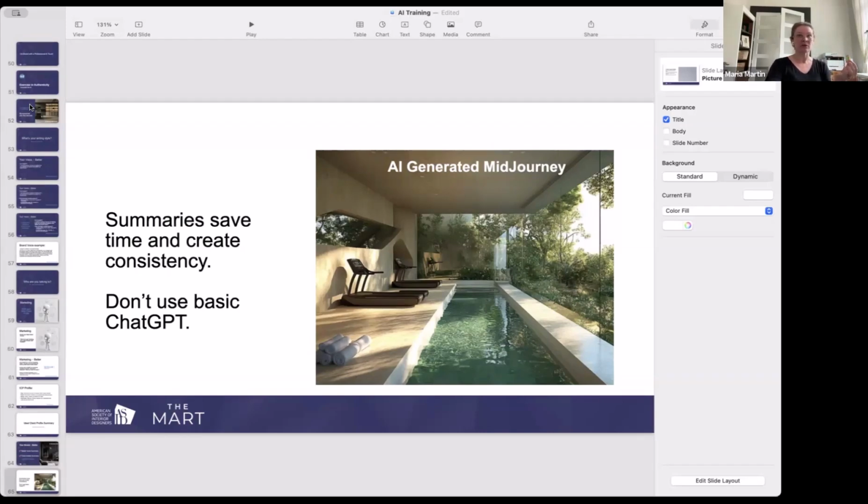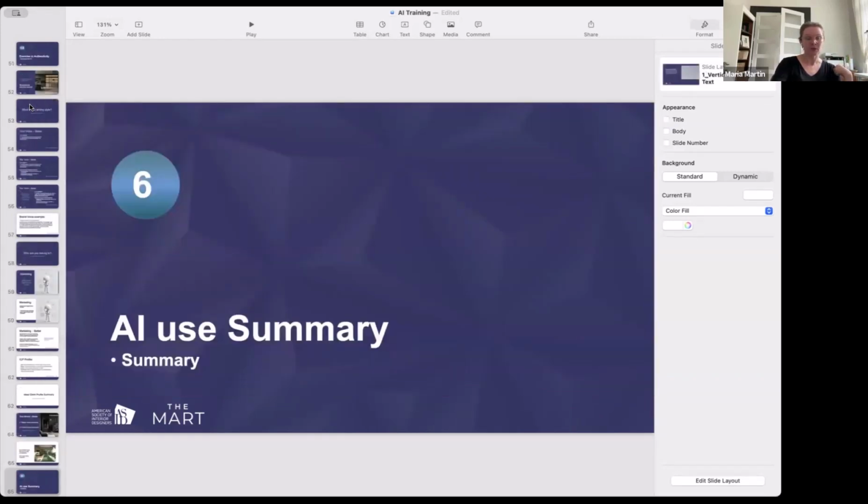If your clients are not feeling like they're getting a consistency and you're not feeling like you're saving time, probably not using these tools correctly. Don't use your basic AI tools in the basic way, the lowest quality way possible. You really need to tap into one, the expert, two, your brand voice, and three, your ideal client profile.